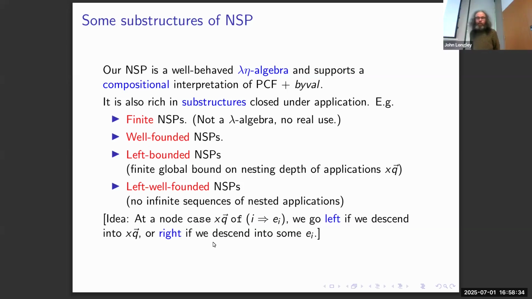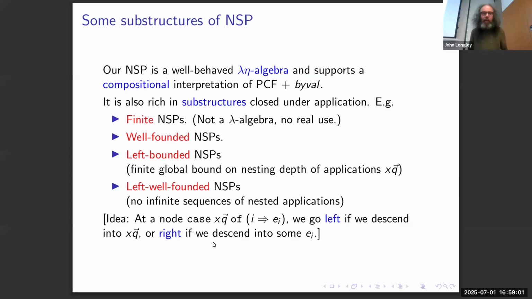You can have a path with infinitely many right turns to an EI, but there's a bound on the nesting depth. I see. And then left well-founded is there might be an infinite number of them, but the paths never continue forever.